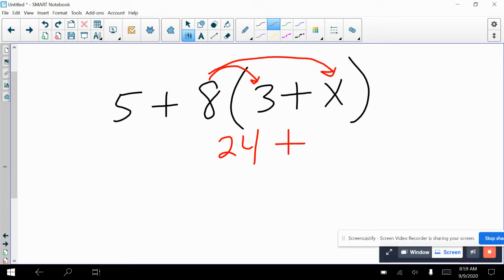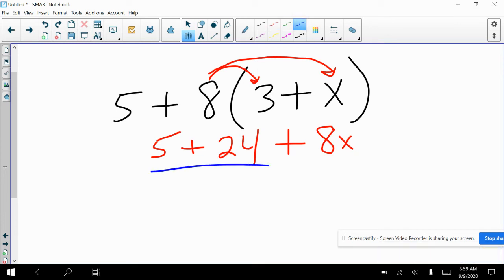Plus, we bring down our operation. 8 times x is 8x. And now we can bring the other house from the other neighborhood. Does that make sense? What do we call the 5 and the 24 here?